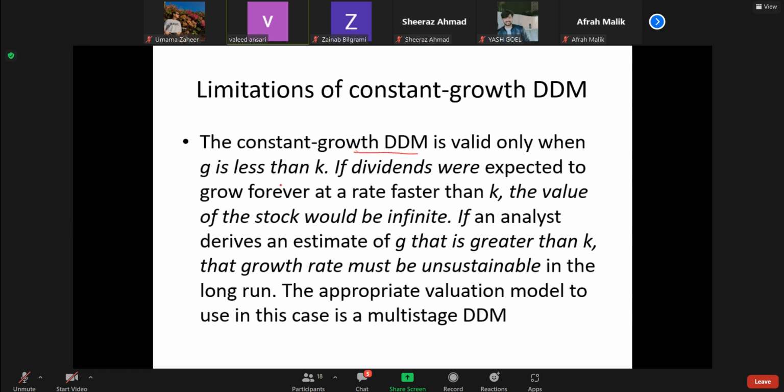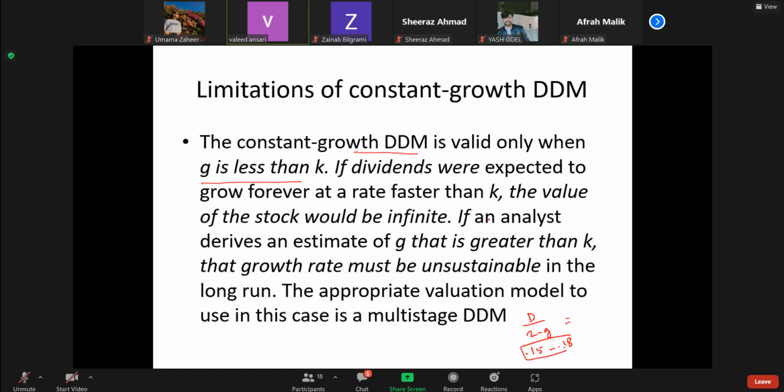Another is that G must be less than K, because the formula is dividend divided by R minus G. So naturally, if G is higher than this, for example, if it is 0.15 and it is 0.8, it will be a negative number. So naturally, this formula will not work.